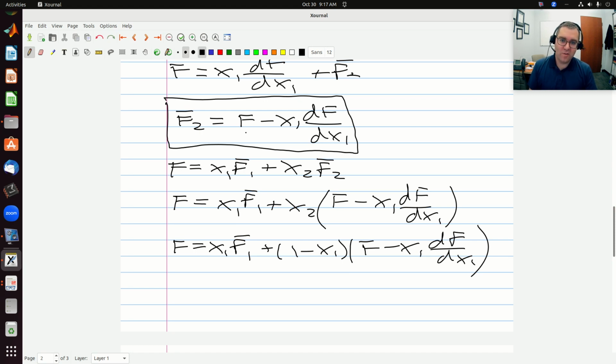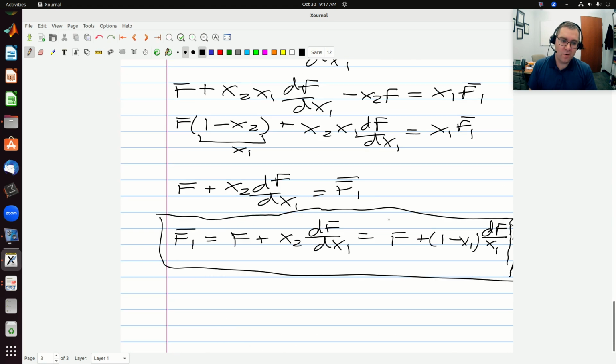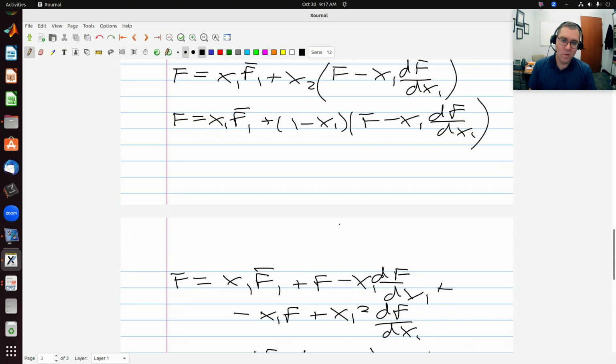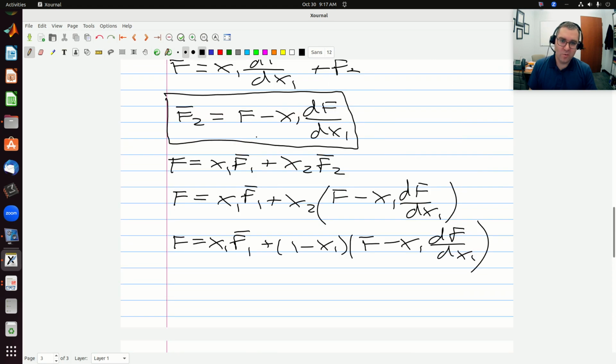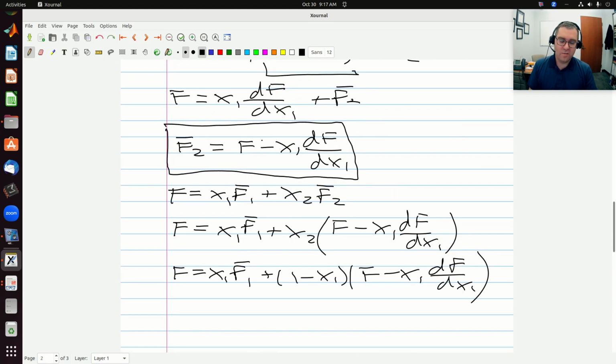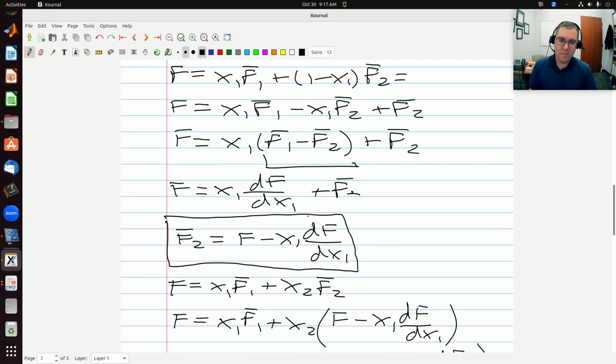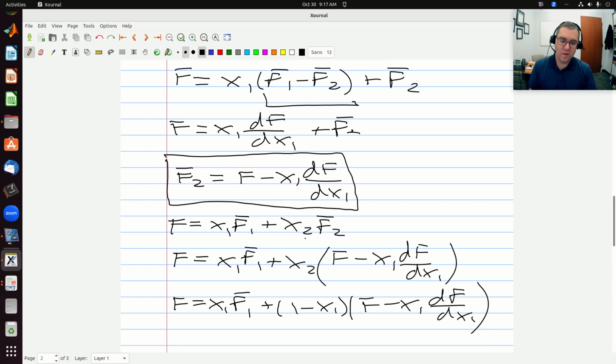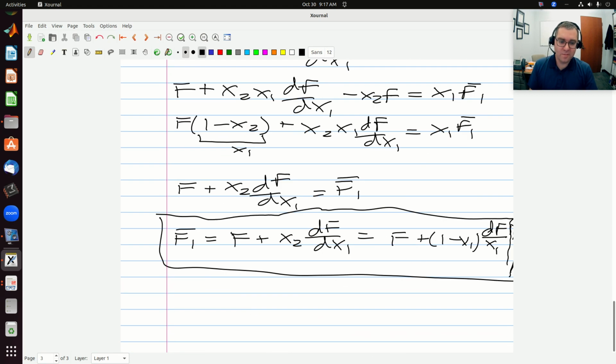So here's my equation for f bar 2. Here's my equation for f bar 1, right? And so this is one way of getting at it once I have f bar 2. I also just could have gone up to where I'd made the substitution before and put things in terms of x2 instead of x1 and gone to the same place.